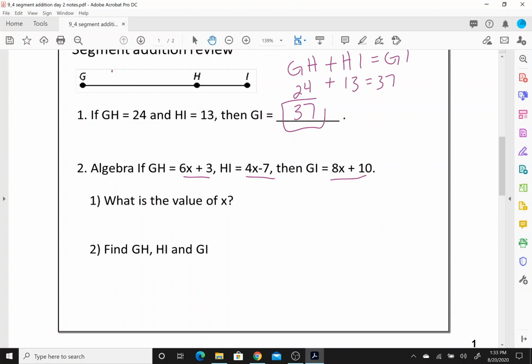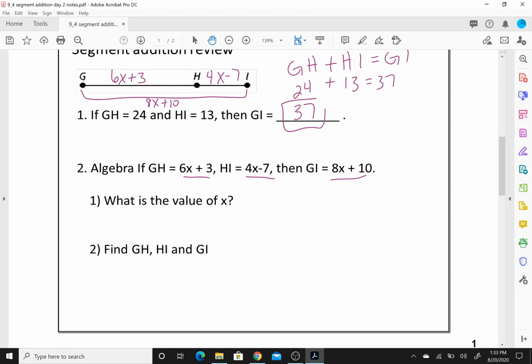So what we've got to do is think about our line here. GH is 6x plus 3. This next section, HI, is 4x minus 7. And then the whole thing, GI, from G to I, that's 8x plus 10. So think, I've got the two parts. If I add the two parts together, I should get the entire line segment.